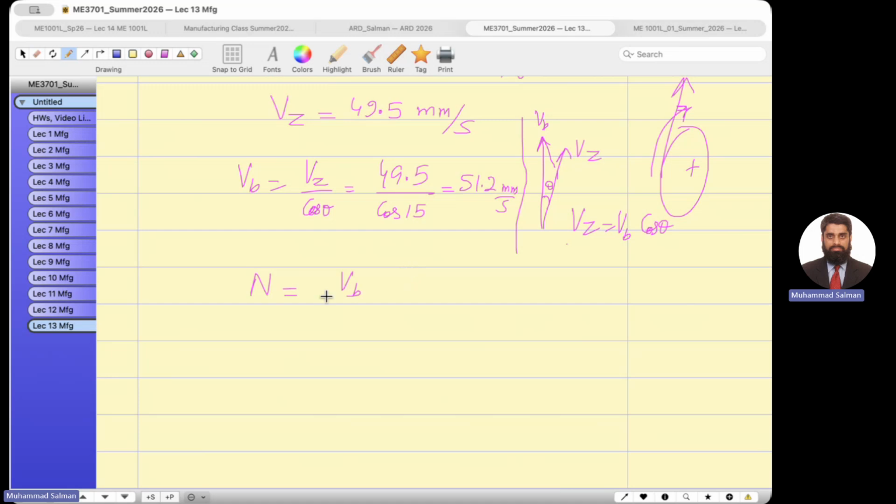So pi d n over 60 is equal to Vb. Do you understand that? Pi d is the circumference times how many revolutions, divided by 60.